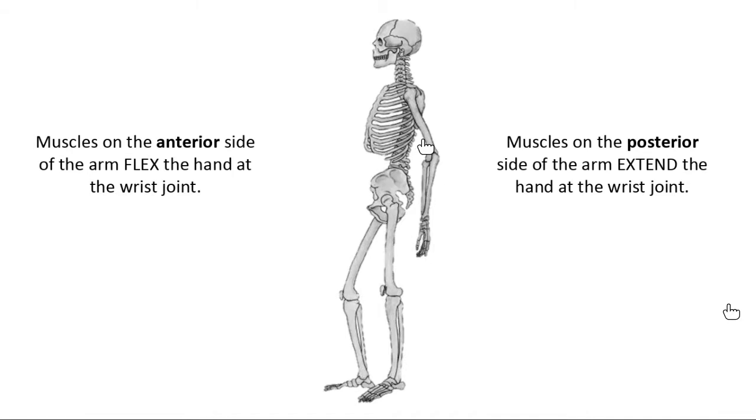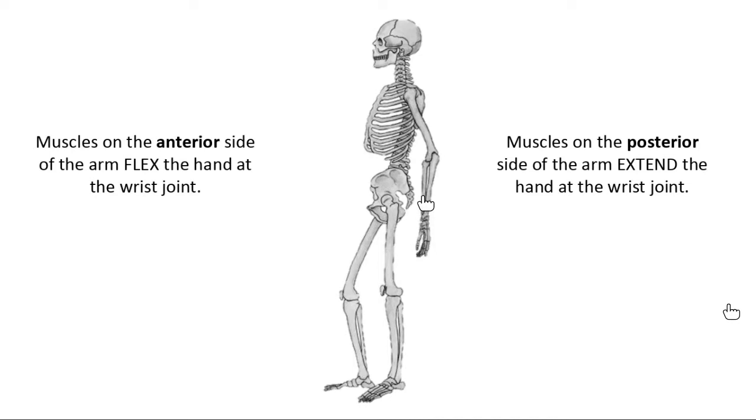It brought them closer to the humerus. The muscles that live on the front side of the forearm and go down into the hand are going to flex the hand as well. So when your hand goes from being straight forward out to when you bring it closer to your forearm, that's the process of flexion, bringing them together.